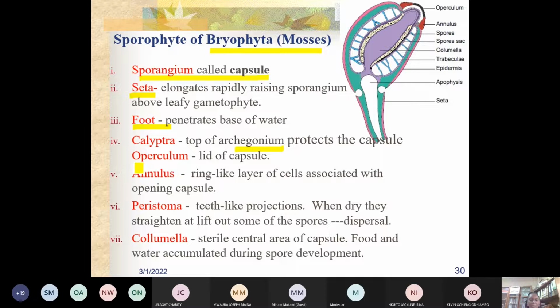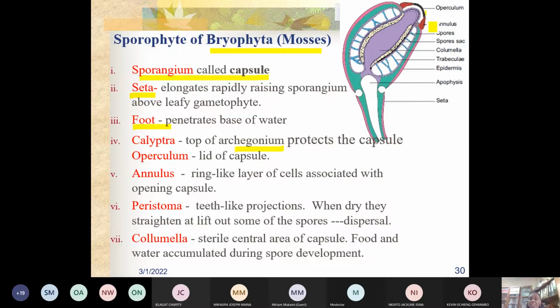And then below the calyptra, we'll have the operculum. So that is what you see here. We have the operculum. That operculum is the lid of the capsule, and it's actually found underneath the calyptra.